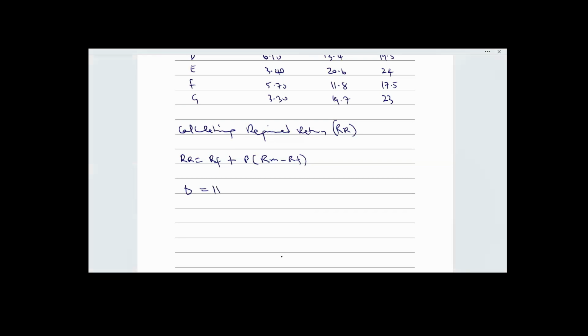Here is 11 plus, what is the beta of security D? Beta of D is equal to 1.16. Expected return is 19, yeah. 19 minus 11, and the same for E, F, G: 11, 11, 11 plus, what is the beta of E?